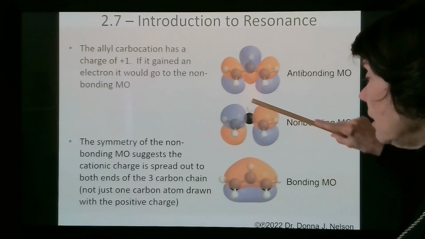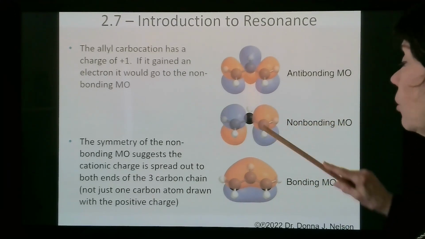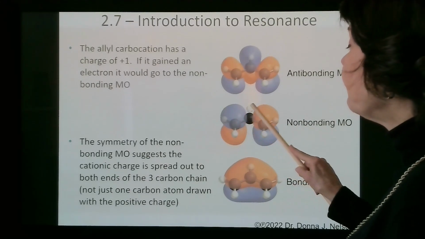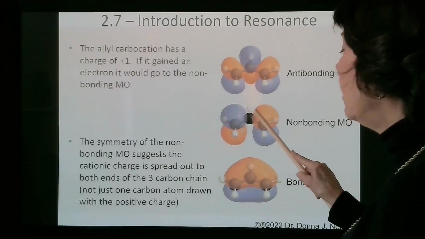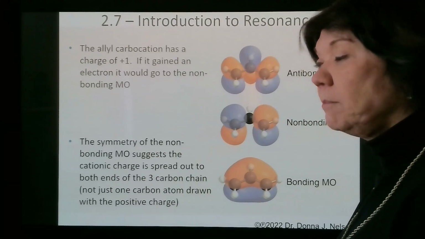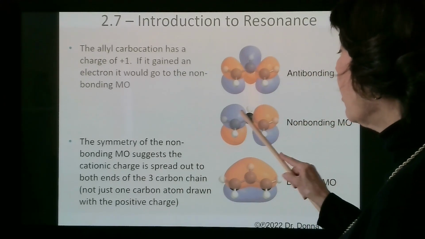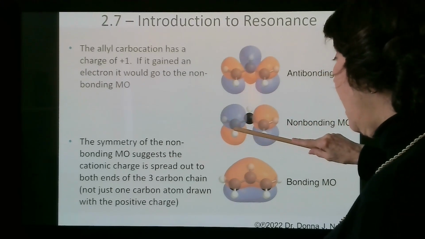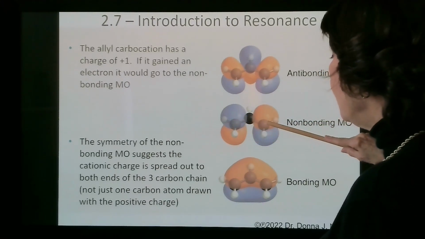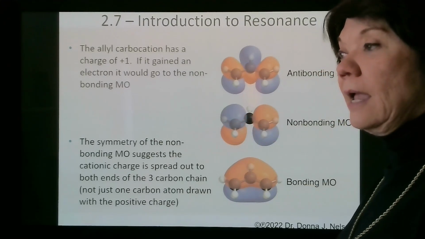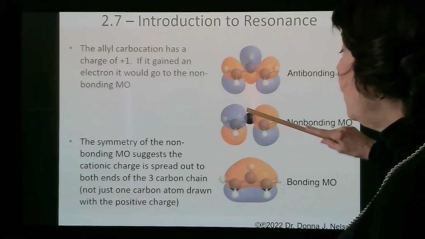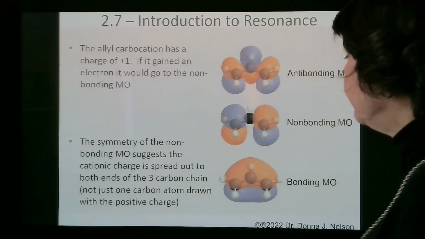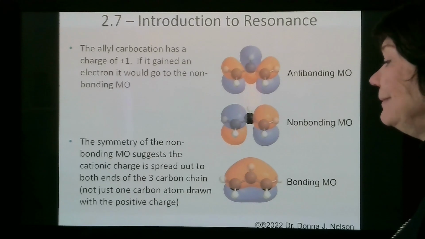If an electron is put into this non-bonding molecular orbital, that electron density will be shared equally between these 2 carbons, because this molecular orbital covers those 2 carbons, and any electrons put in there will be shared equally.